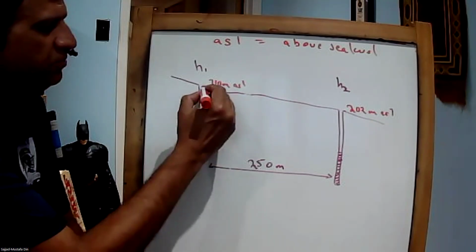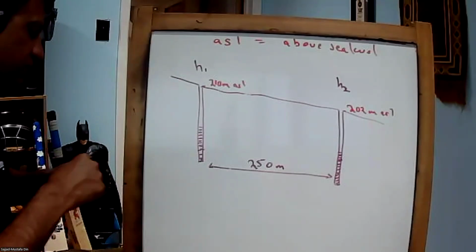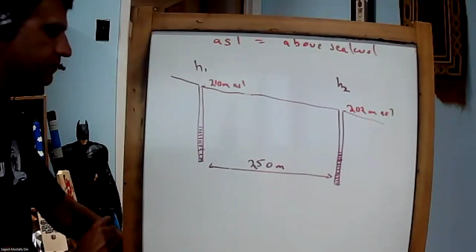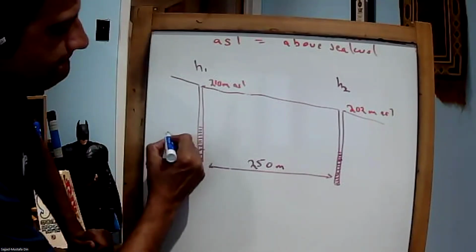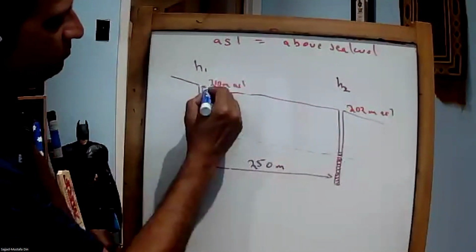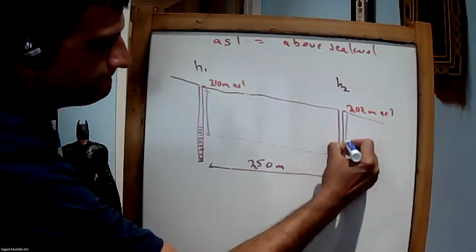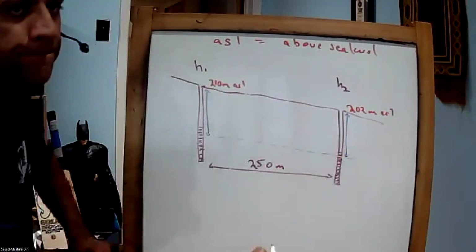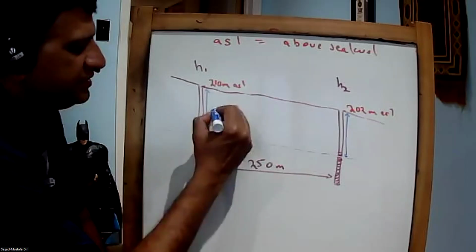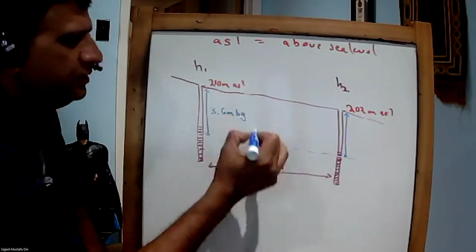Now, let's say you measured the water. So let's say the water was measured inside of both wells. And in this case, let's say the water was at 3.6 meters below grade, BG.